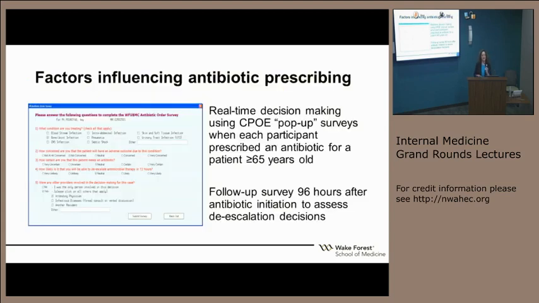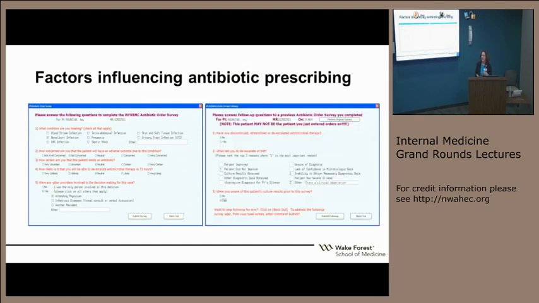And then this was back in the days of CareCast, so before Epic. But we used a pop-up survey in SIPO, so every time a physician entered an order for an antibiotic for an older adult, because this is an area of overuse, they got a brief survey asking about their decision-making and rationale, and then a follow-up survey 96 hours later to ask about de-escalation decisions.